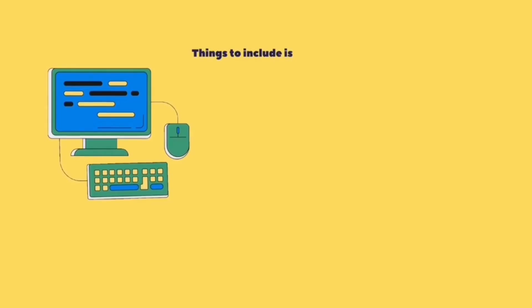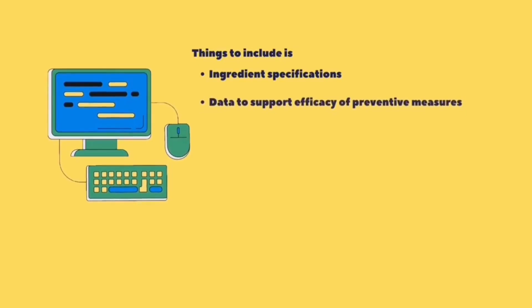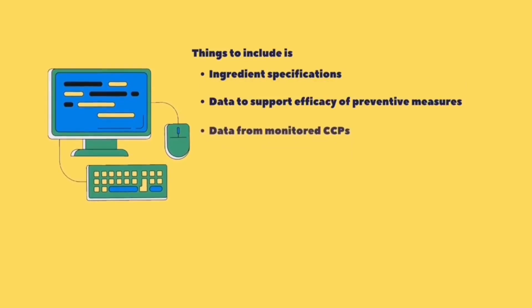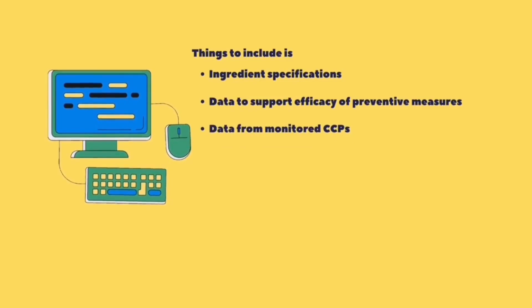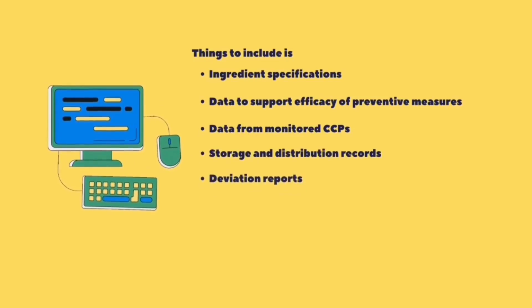Things to include are ingredient specification, data to support efficacy of preventive measures, data from monitored CCP, storage and distribution records, and deviation report.